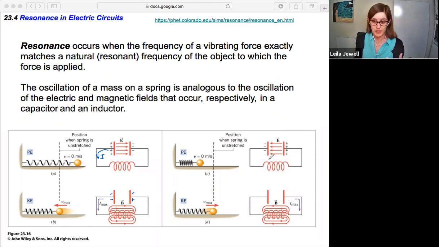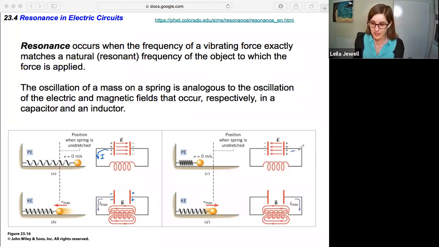We have all the positives there, all the negatives there. Now the electric field is in the opposite direction, and there's no current flow for that instant. But once they become all the way charged, once the current is all the way used up, we're at the other maximum of our spring: it's fully compressed. It's ready to spring back into action the other way.